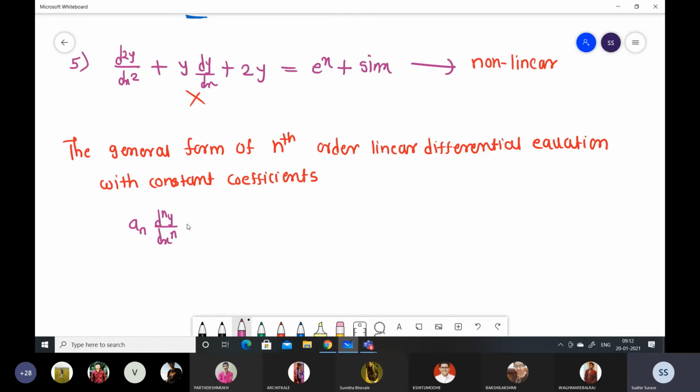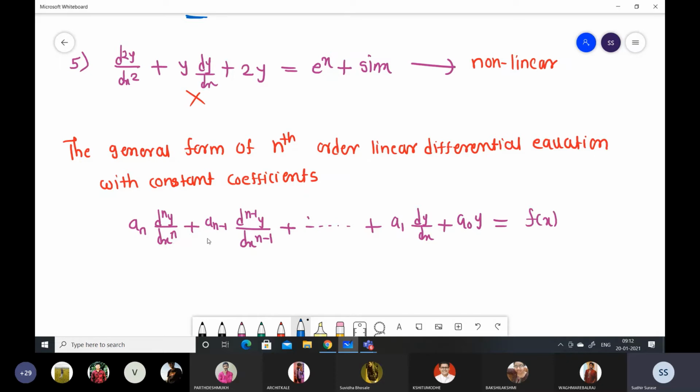Plus a suffix n minus 1, d^(n-1) y by dx^(n-1), plus and so on. The second last term will be a1 dy by dx, and the last term a naught y equals f of x, some function of the variable x.